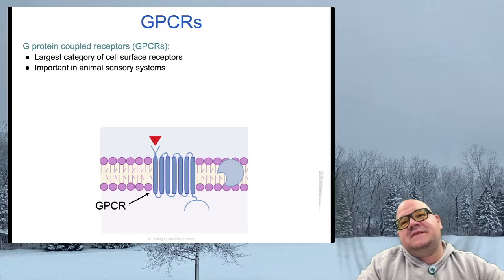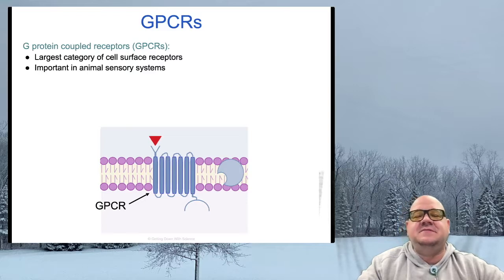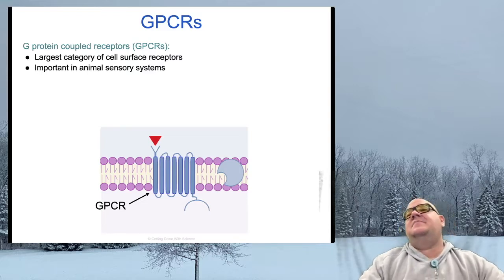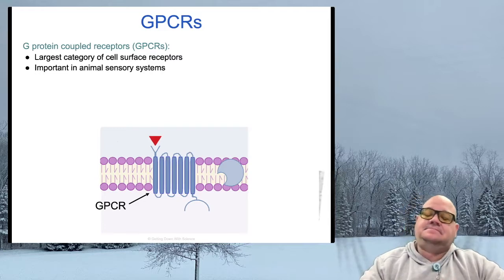This process is really important in animal senses. So their sensory system, like your sense of touch, but also things like sensing what the environment is like chemically. So the internal environment of your body.